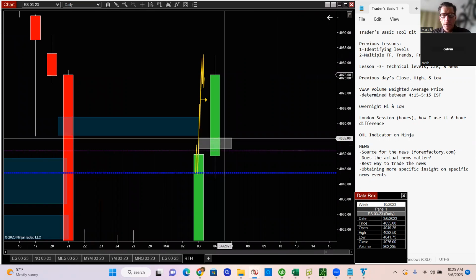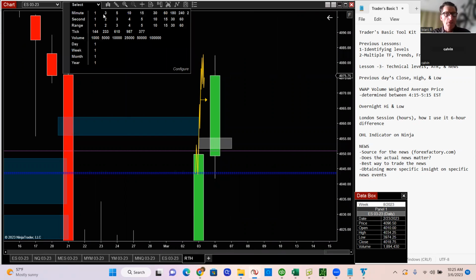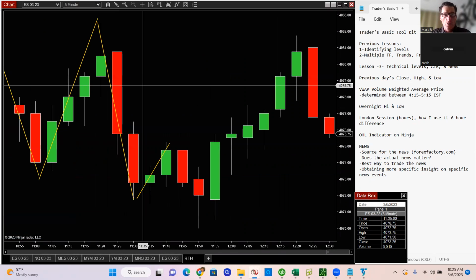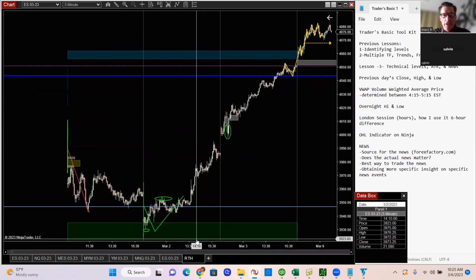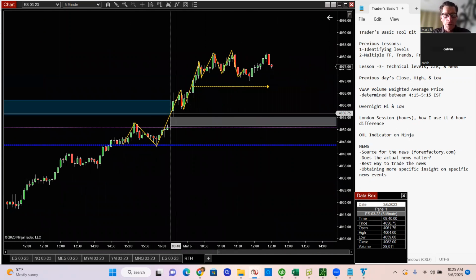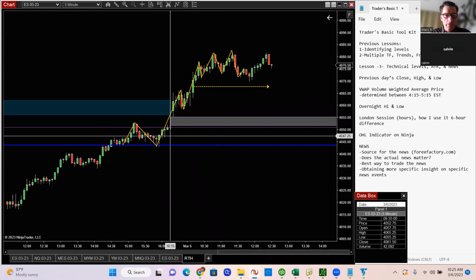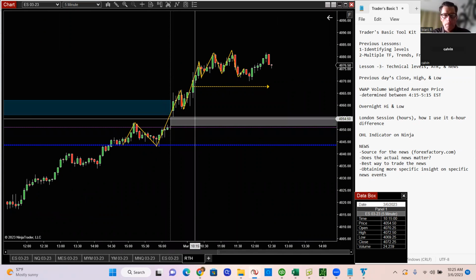But according to this chart, it already filled in that gap, and that's not the case. If you go to a 5-minute or 1-minute chart, you'll see that in the regular trading hours from the 9:30 open until now, price has not come down and filled in this gap. Cool. Okay, moving on.